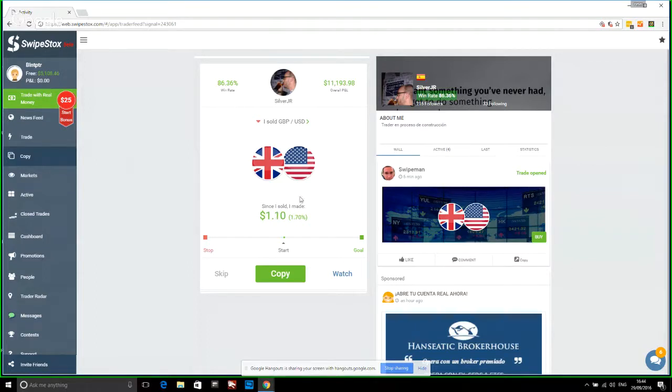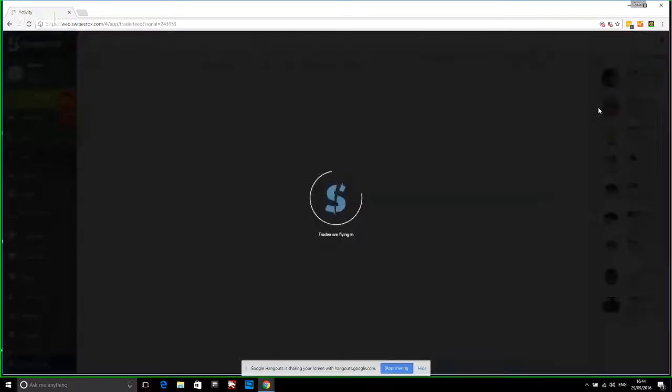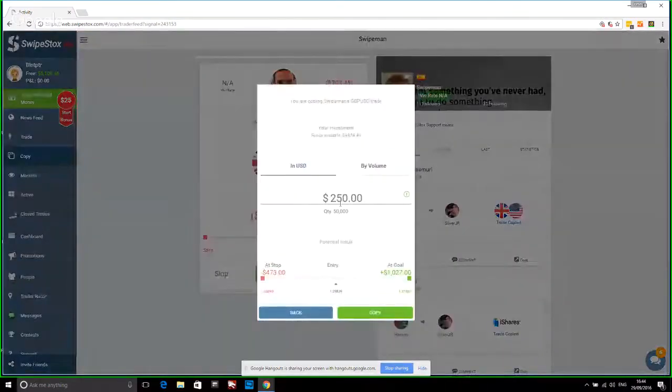So let's say we want to execute the one with the better risk reward ratio. We're going to go on him, go on copy, but $250 is a bit too much. I don't want to risk that much. I've got $5,100, so I want to keep my risk a bit smaller.